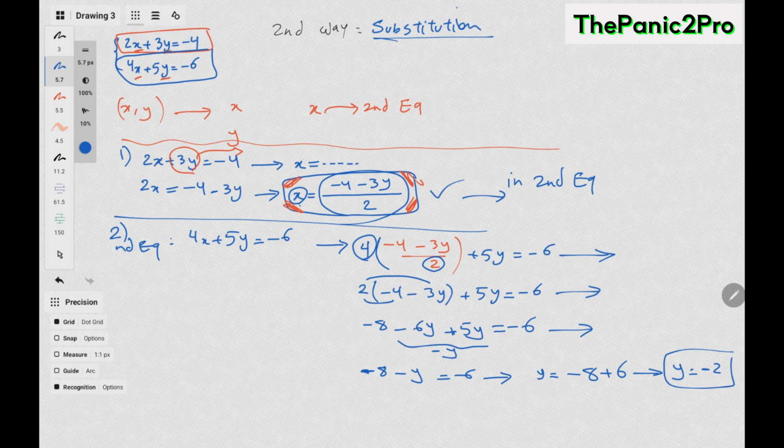Right? We got y here, and now I'm going to get x. I got y as a number here. Now I want to get x too, right? How can I get the x? I can get x from this highlighted thing here. X was minus 4 minus 3y over 2, right?